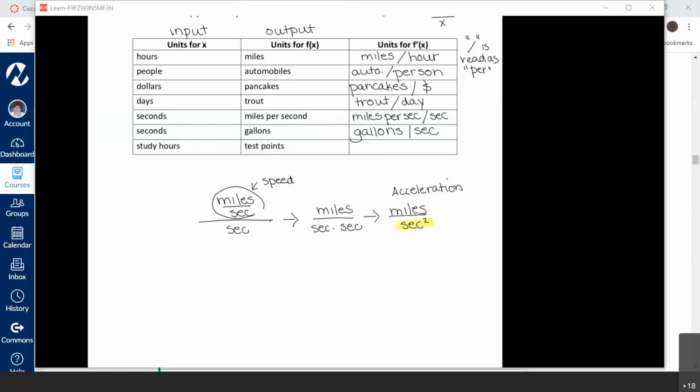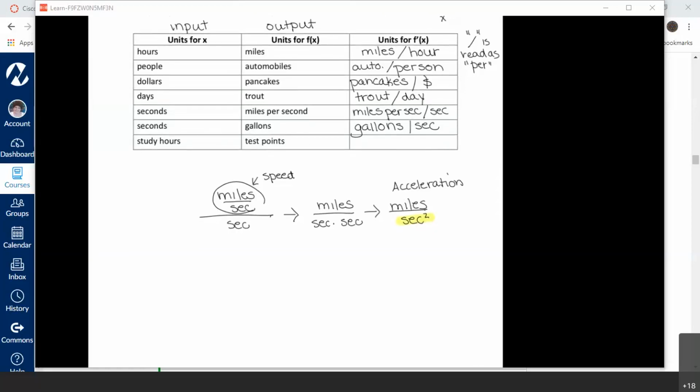And let's do the last row. Anybody want to try that one? Okay.